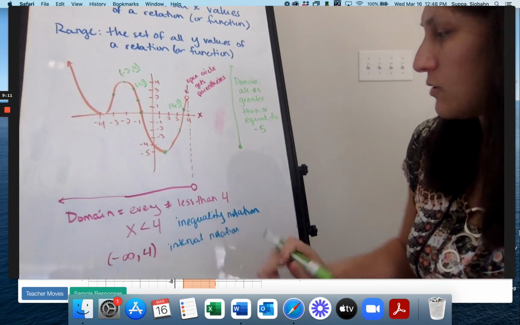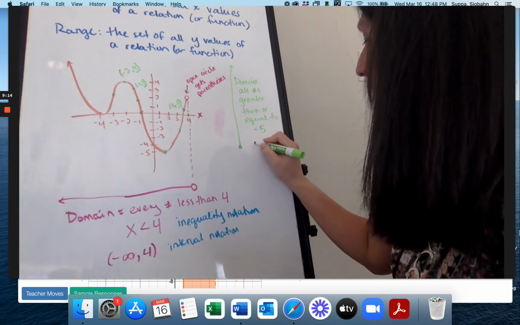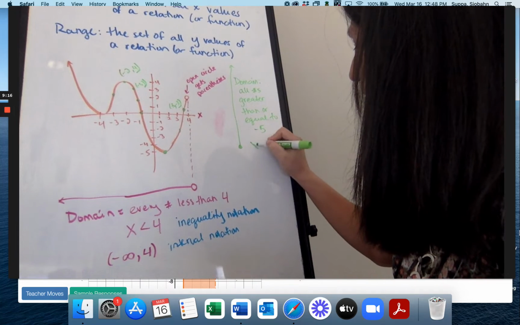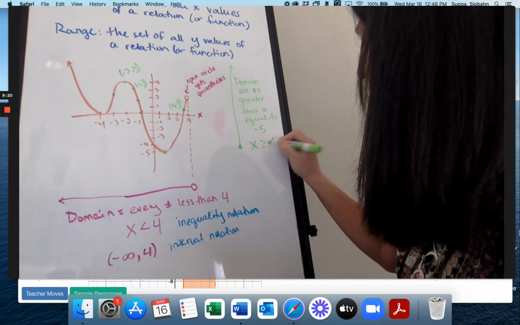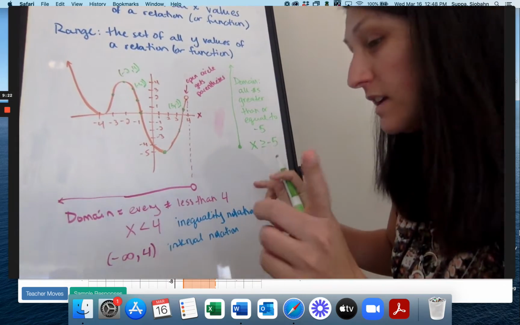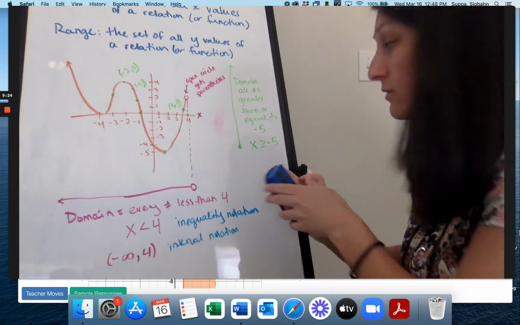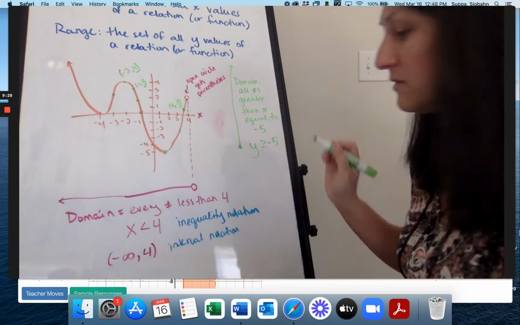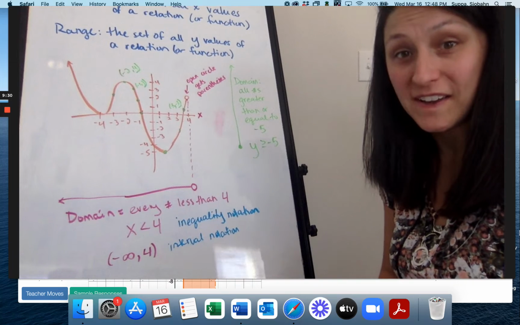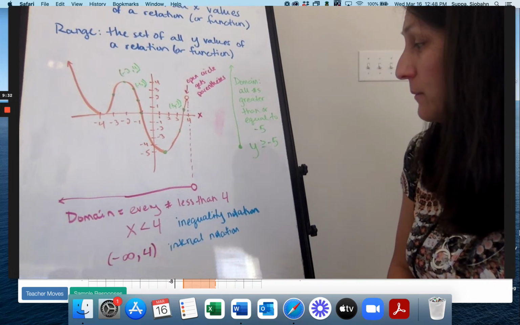Now, if you want to use inequality notation, you could say that's the same thing as saying x is greater than or equal to -5. Not x, that's a mistake because we're talking about the range. So we should call that y. What I meant there is y is greater than or equal to -5.